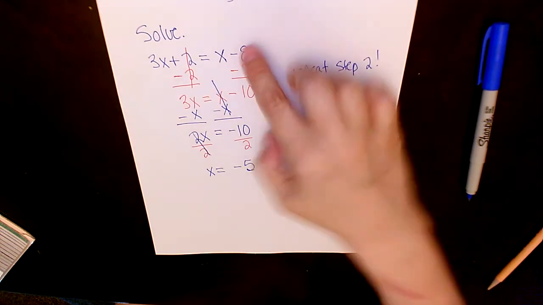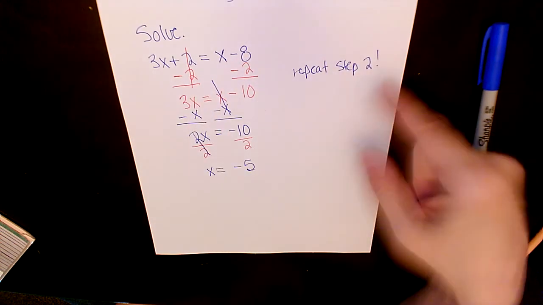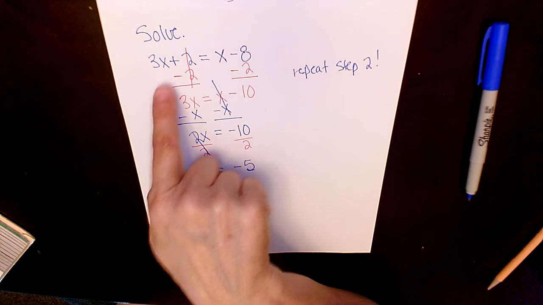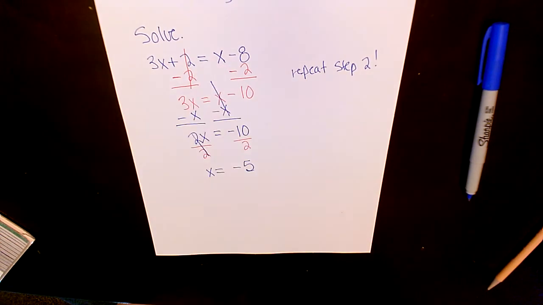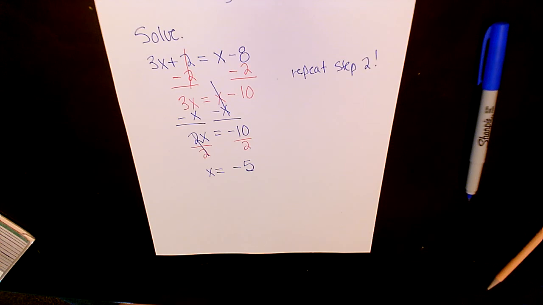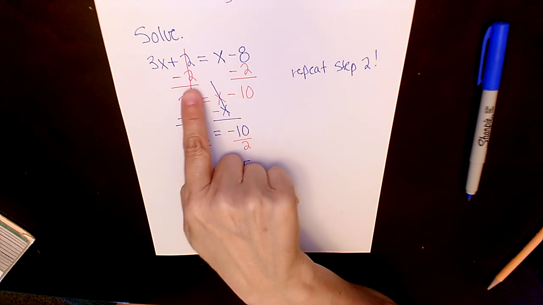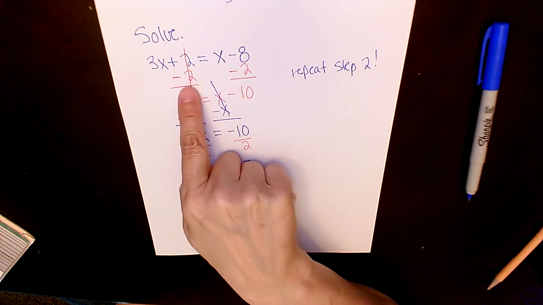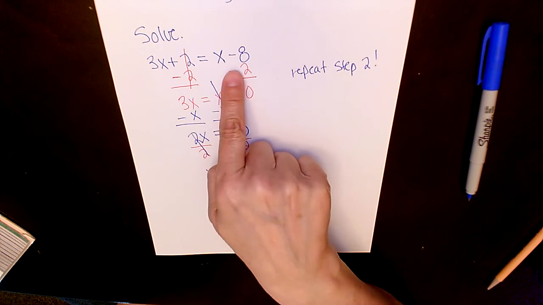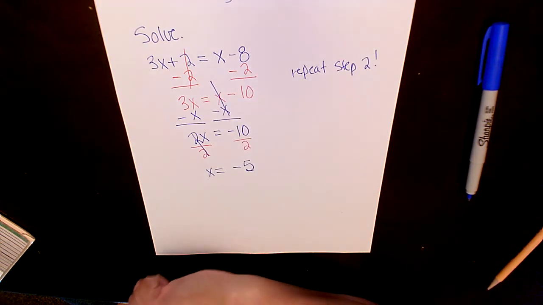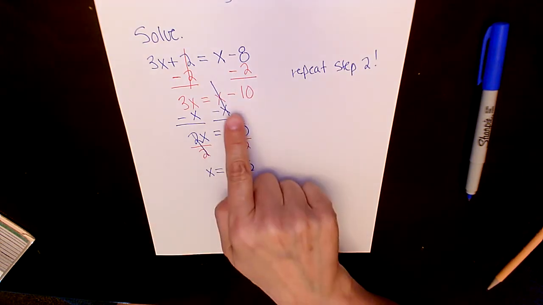So again, just to repeat the steps for you, we're looking to simplify. We don't have any like terms. There's nothing to simplify, so we go to step 2. We want to add or subtract. I started over here. I subtracted 2 from both sides. You could have added 8 to both sides if you wanted to.